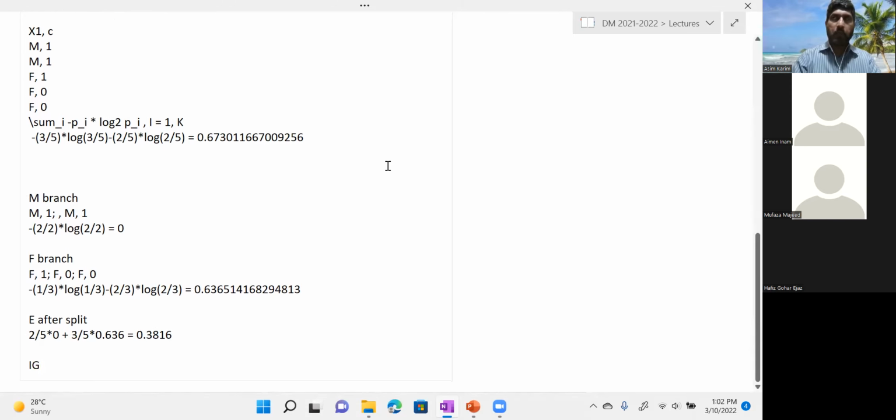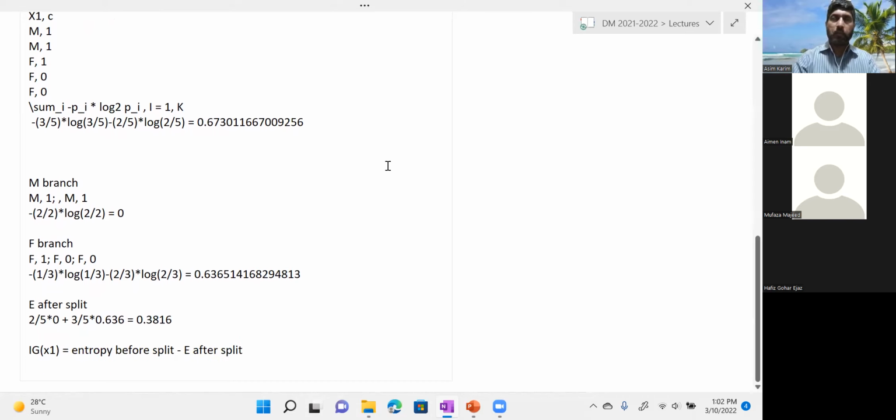So the information gain for the attribute x1 is basically the entropy before split minus entropy after split, which is equal to 0.67 minus 0.381. So this is the information gain for attribute x1, 0.281.